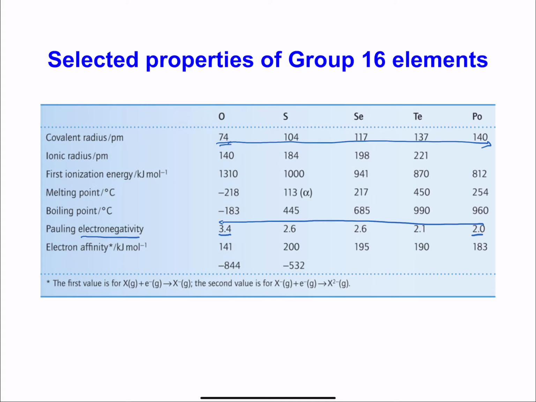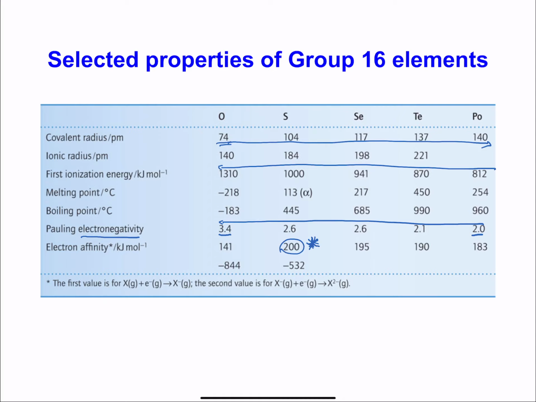We have the same trend for ionization energy, but there's an exception for electron affinity, because the highest one is for sulfur. We don't have a trend here, so let's put a star sign here.